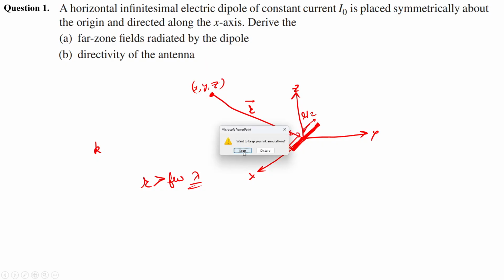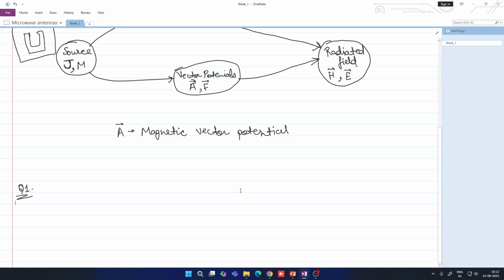So let's start solving this. Here what we have given is a source. Source is given in the sense that we know there is a current I naught flowing in that dipole antenna. Now our next step should be to find the vector potential, because we want to find the radiated field.